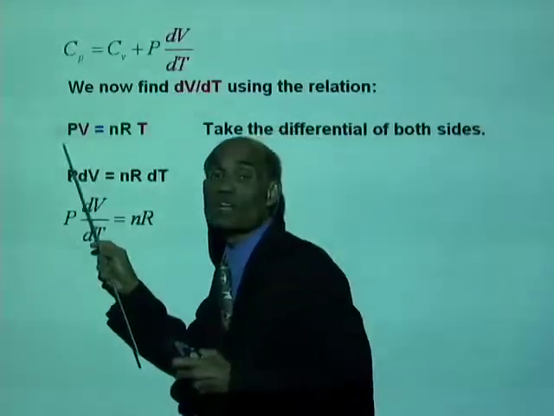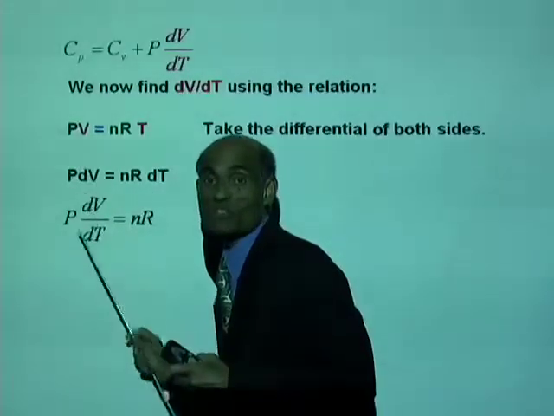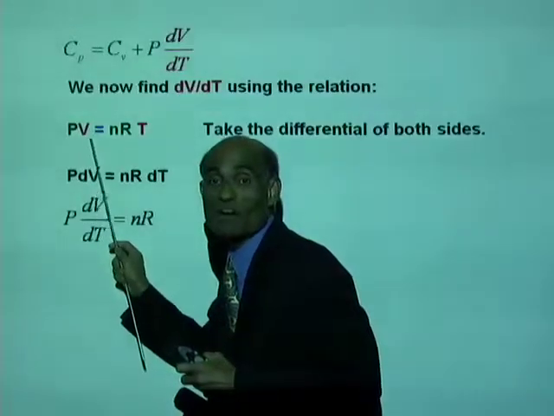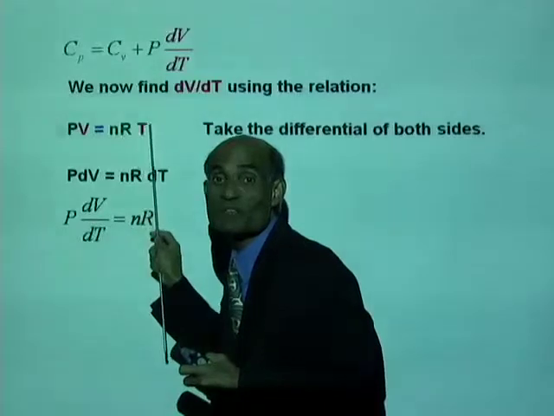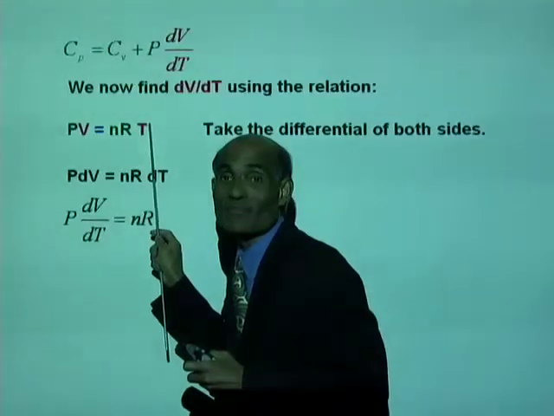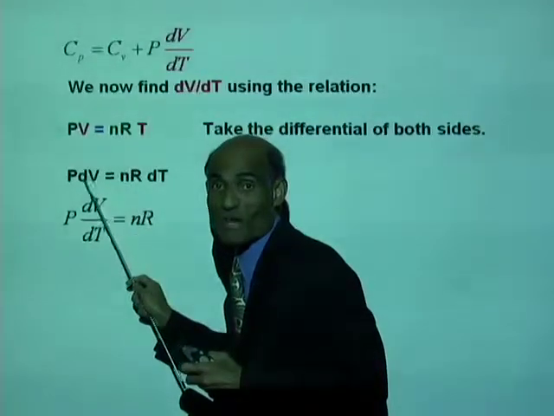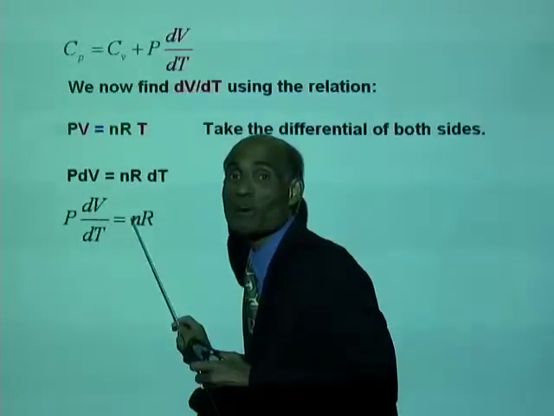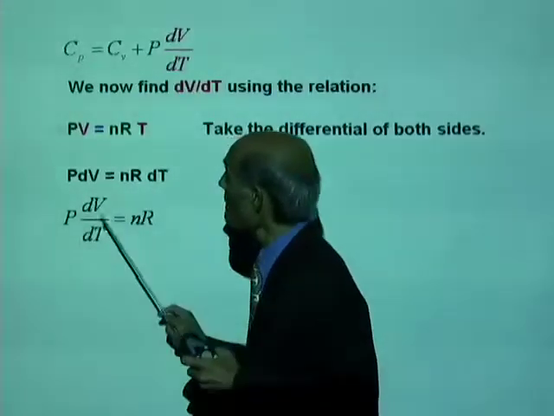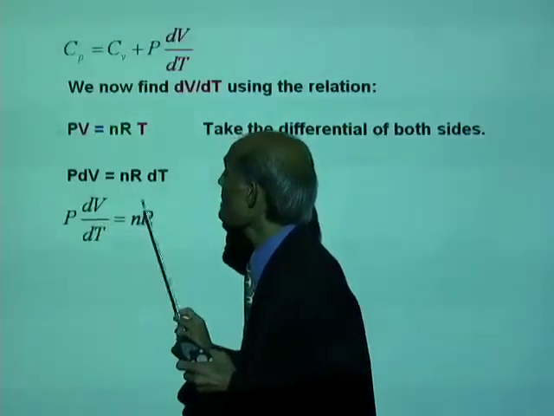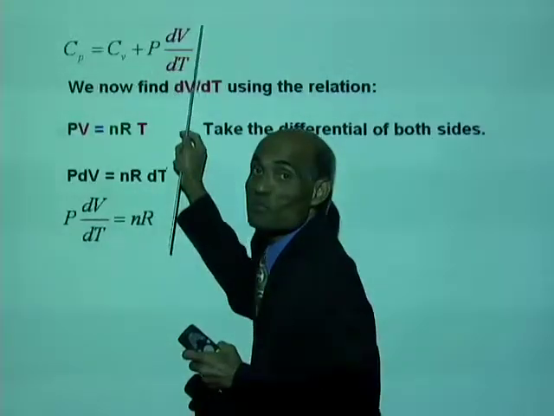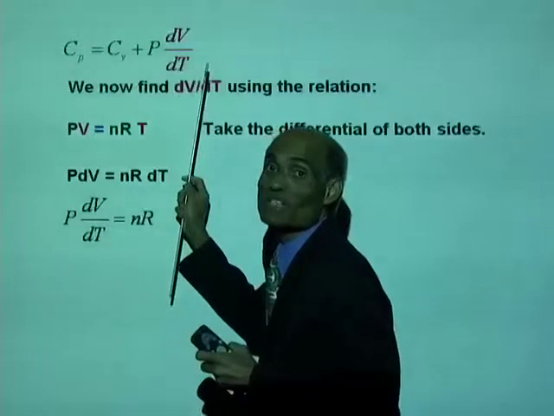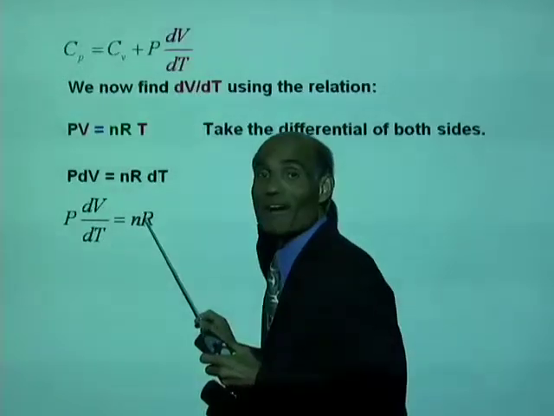Well, you could have actually obtained the same relation from here, finding the derivative of V with respect to T. You see that? You can also do that rather than going through the differential path. Okay, P dV by dT equals nR. That means I can replace this P dV by dT with nR.